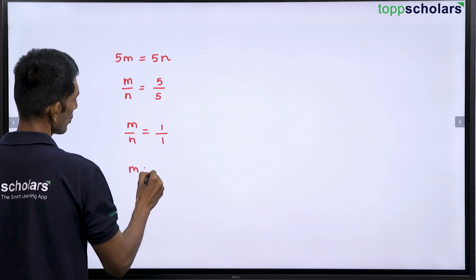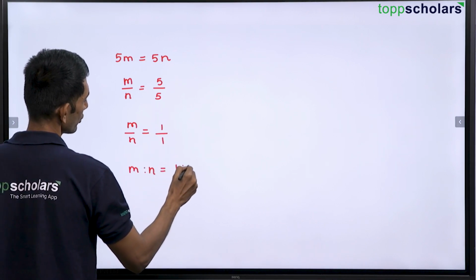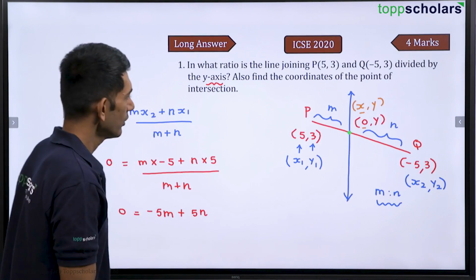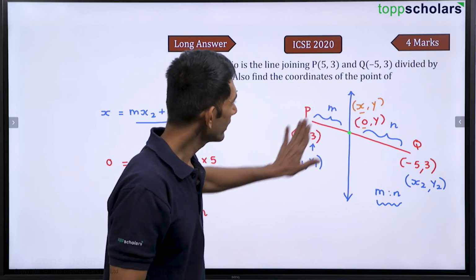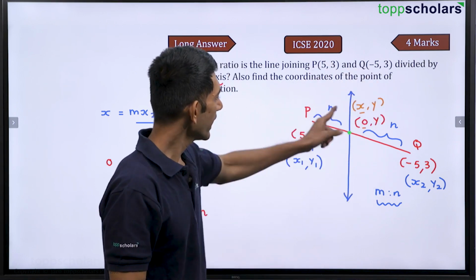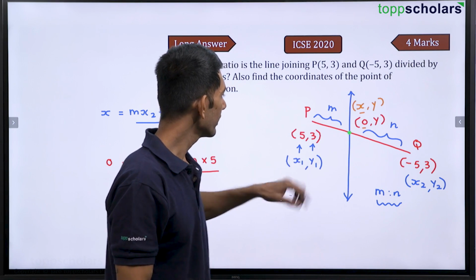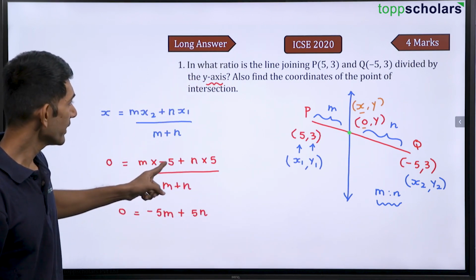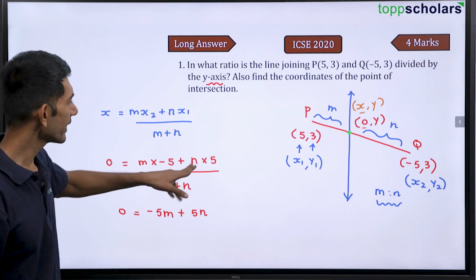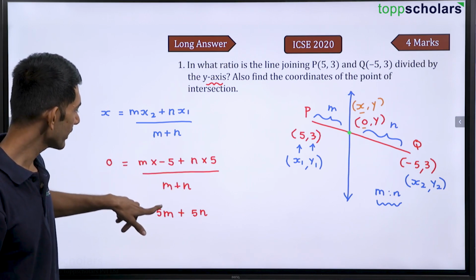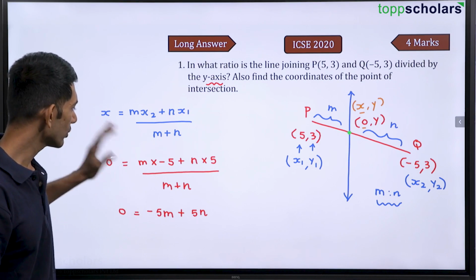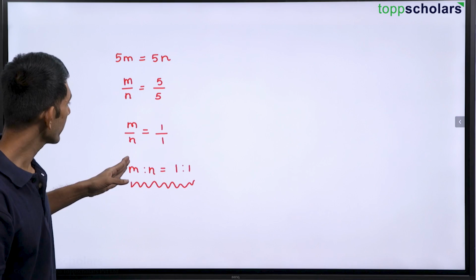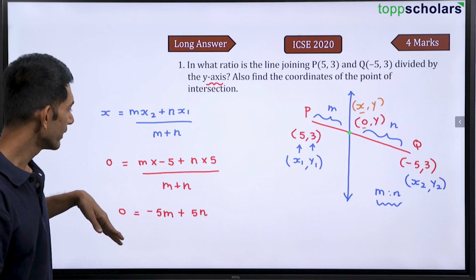So can I say m is to n is 1 is to 1. So basically we had (5, 3), we had (-5, 3), (mx2 + nx1) by (m + n). So m into x2, x2 is -5, plus n into x1, x1 is 5, by m plus n goes there, that becomes 0. So -5m + 5n, then you solve this further, you get 5m is equal to 5n and m by n is 1 by 1, correct?